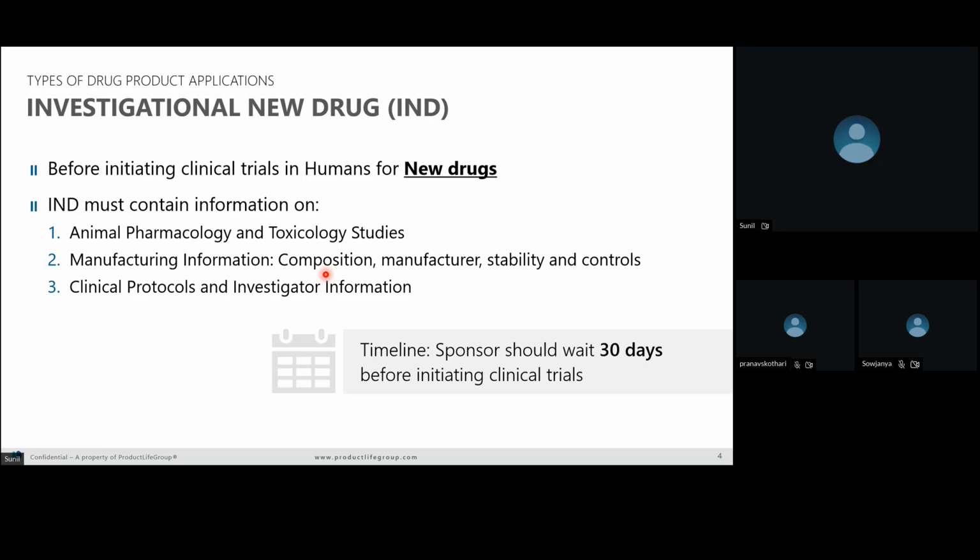So along with the animal studies, they also want to check the quality of the products, and quality of the product is dependent on your manufacturing and other information. So 3 month stability data you have to submit. In a normal dossier for a full application, how many months stability data is required? Are you aware for a generic or innovative product application?